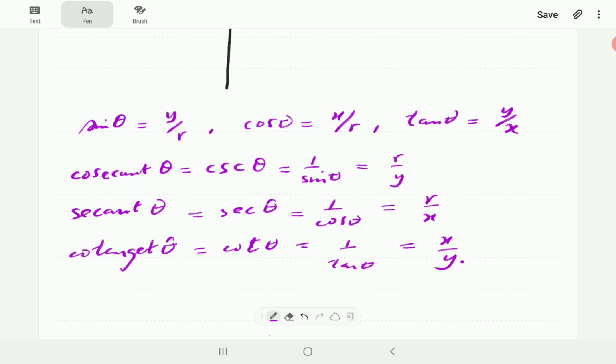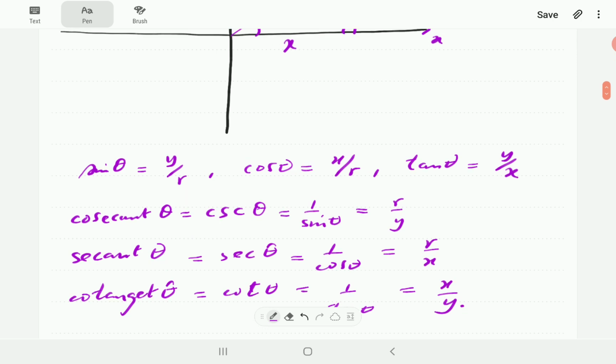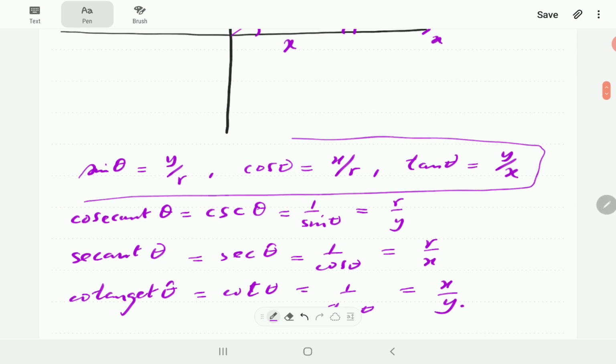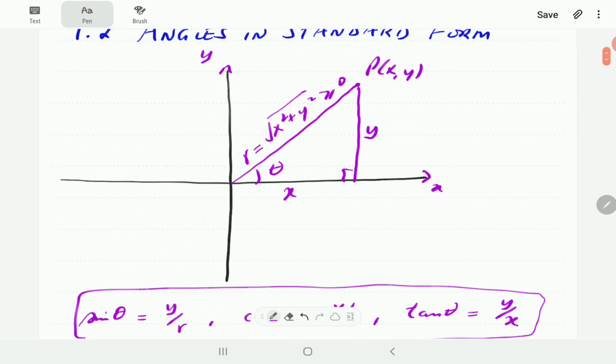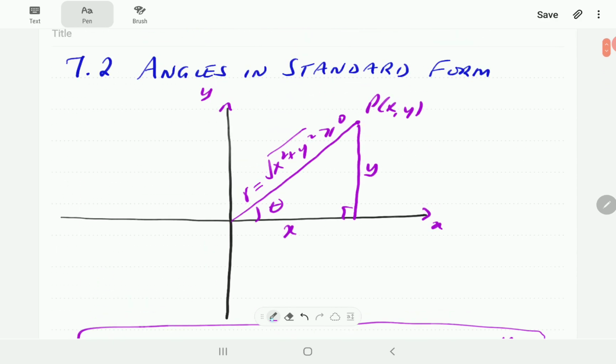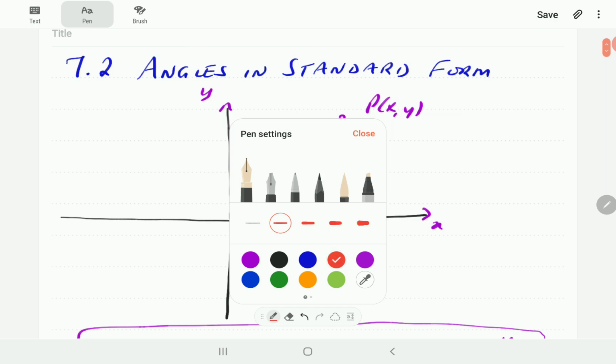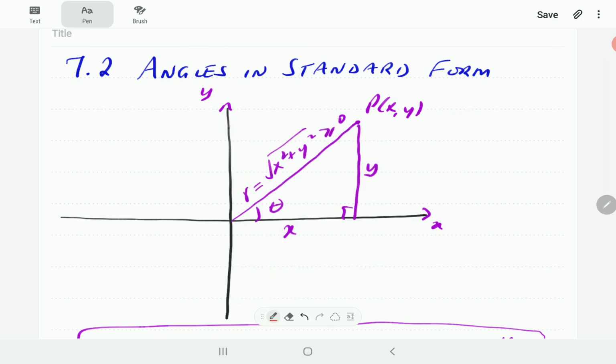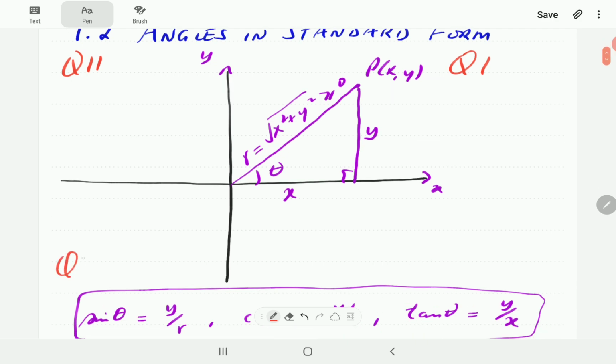Now we're going to look at the signs of these trigonometric ratios in the various quadrants of the coordinate plane. This is the first quadrant here. This is quadrant 2. This is quadrant 3 here. This is quadrant 4.